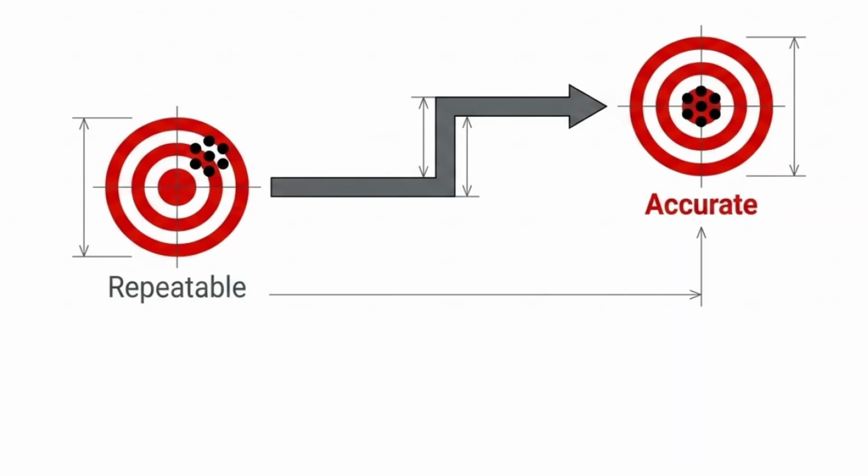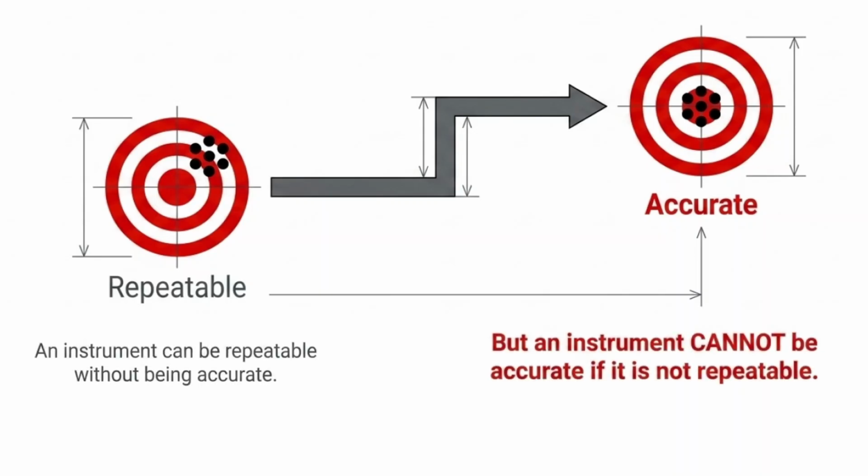And here is the insight that I really want you to take away from this slide. An instrument can be repeatable without being accurate, but an instrument cannot be accurate if it's not repeatable. Think about that. If your readings are all over the place, there is no way they are all correct. Repeatability is the foundation that accuracy is built on.